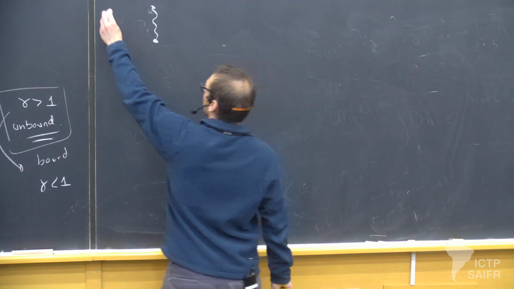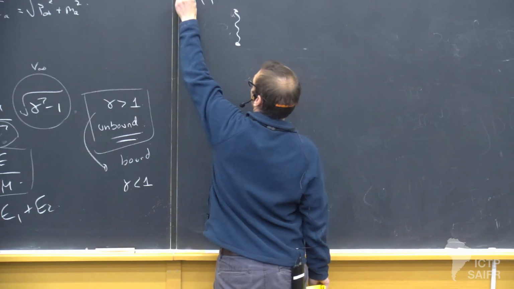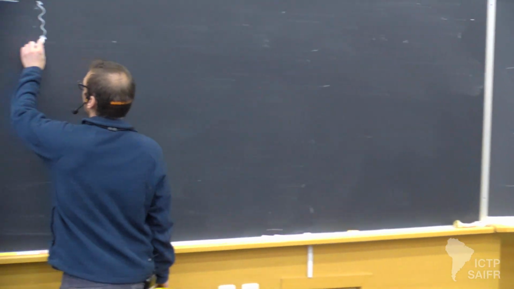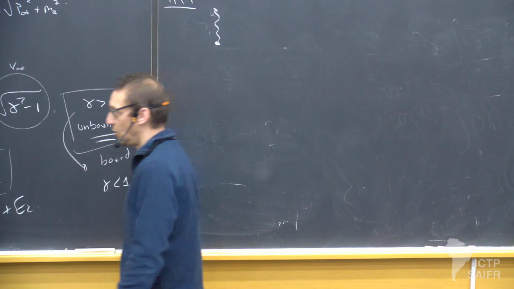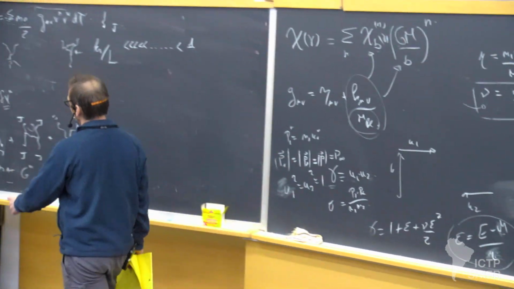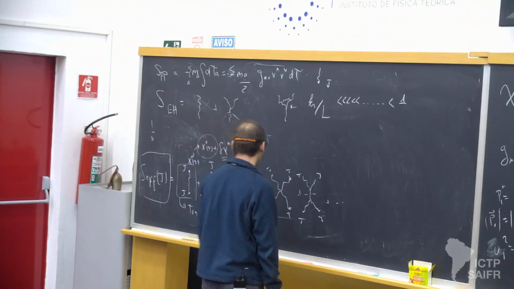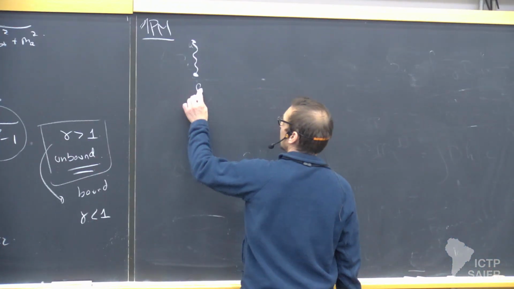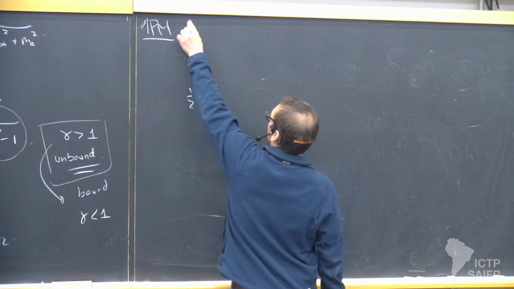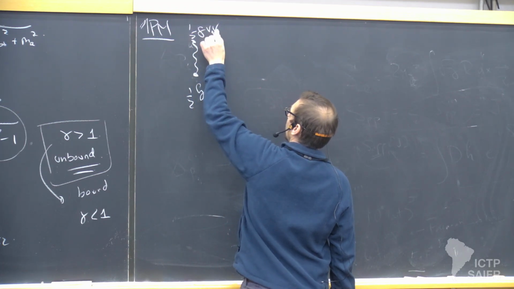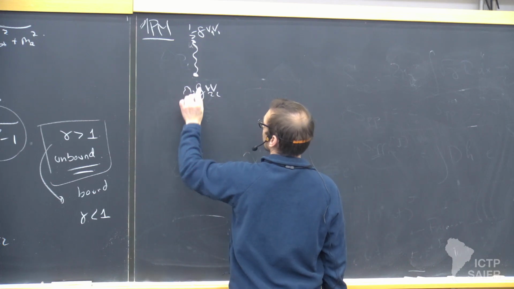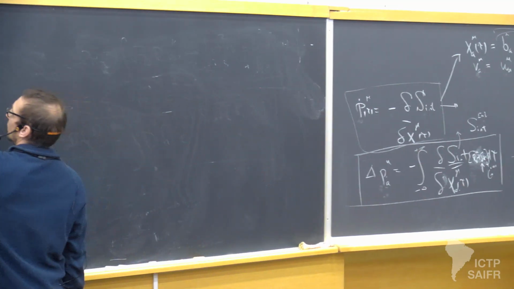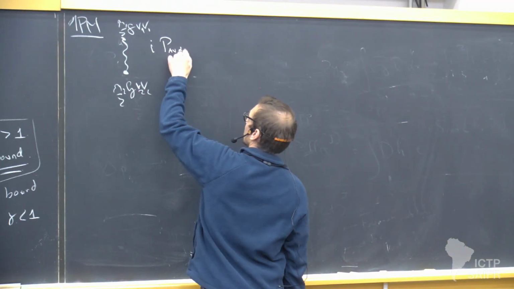So what is the 1 PM angle? How do I get the 1 PM angle? Well, first I need the 1 PM action. And the exact 1 PM action comes from here. So here I have the coupling to the sources, 1 and 2. And here I have my full graviton propagator.